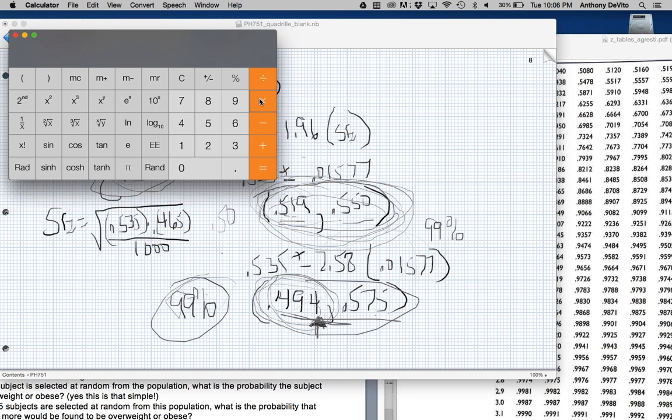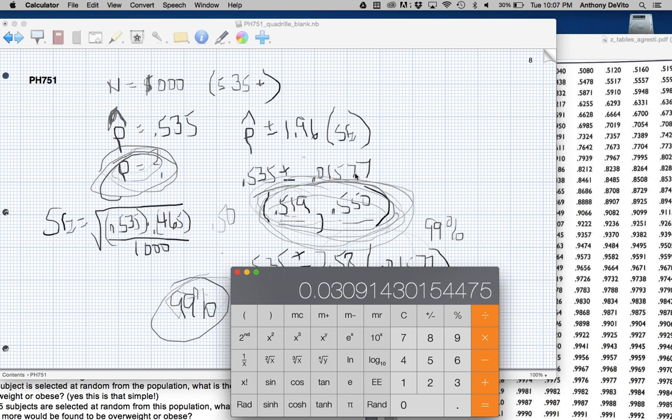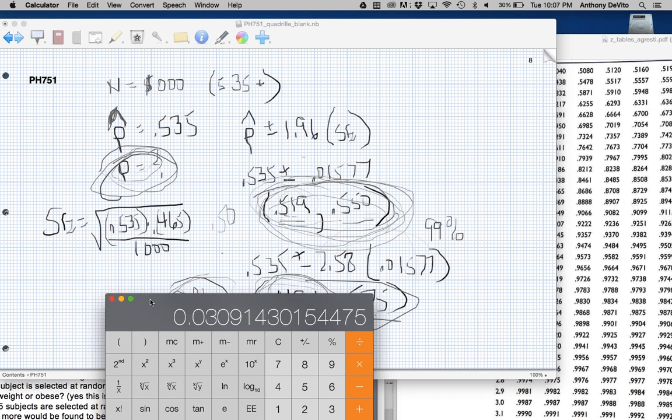So that's my standard error. So I would multiply that by 2.58 or 1.96, which gives me 0.03, right? So I should really be adding and subtracting 0.03 from our 0.535.